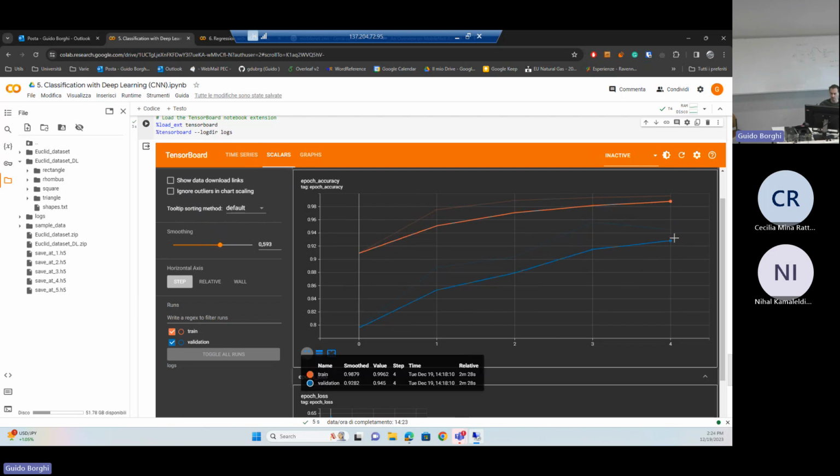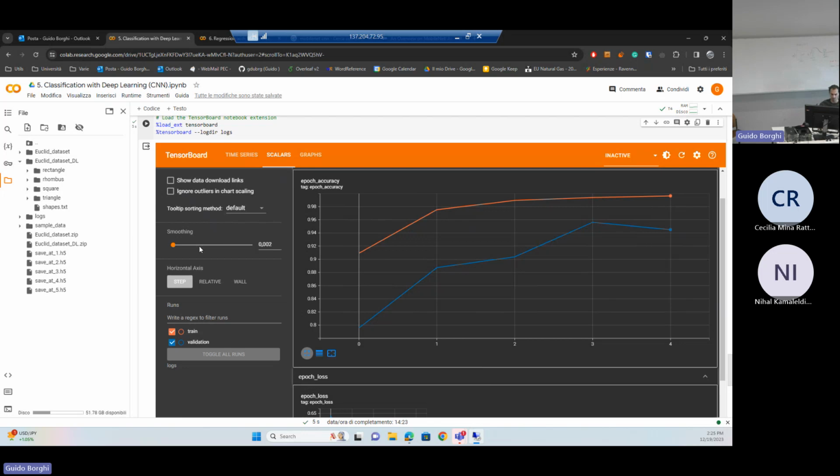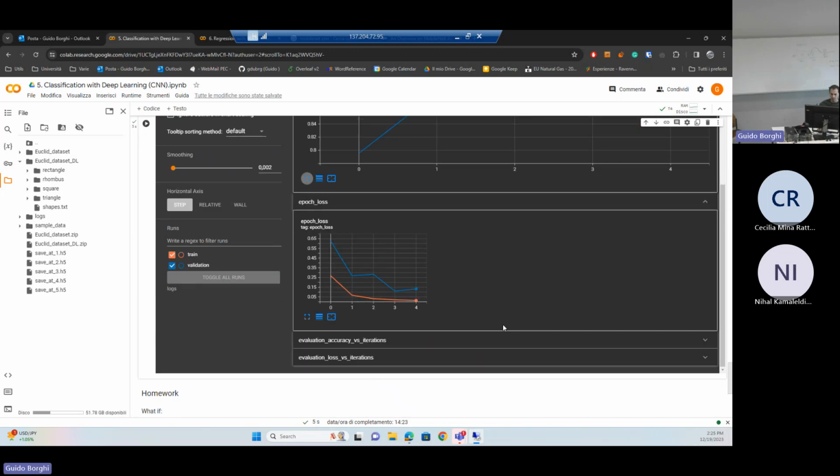So maybe you can use the weights produced after the fifth epoch, but in reality, the best weights are after the fourth epoch. Okay, so it's important to play with the smoothing factor. Here you can see also the epoch loss.